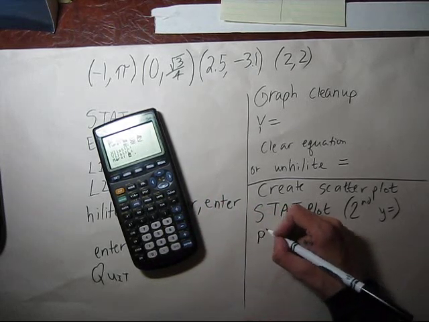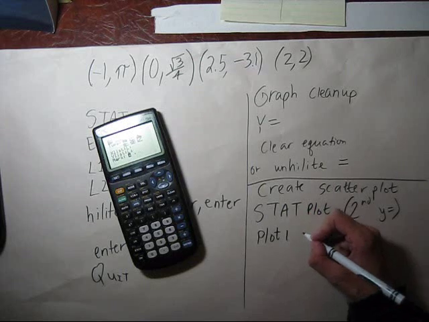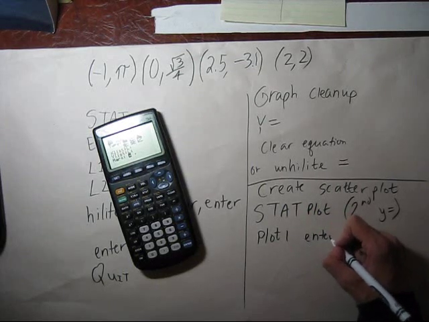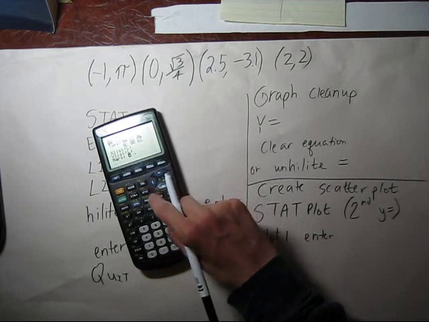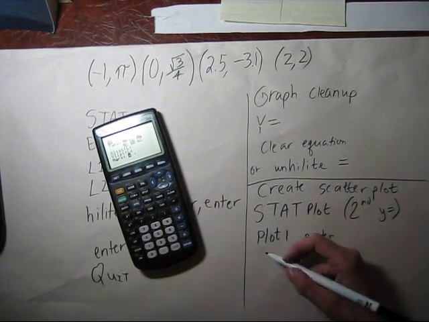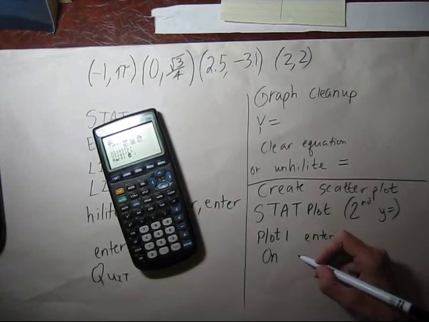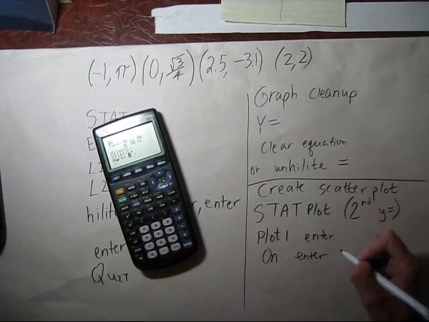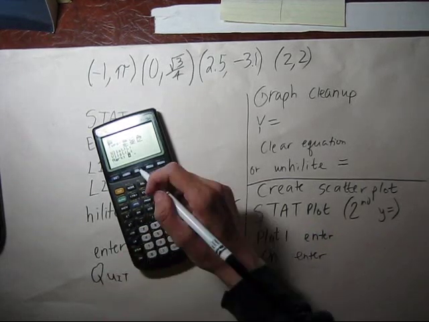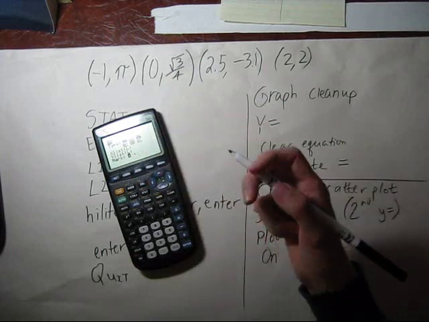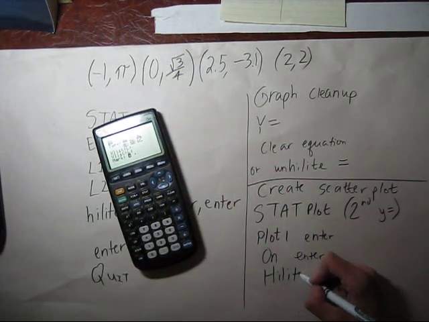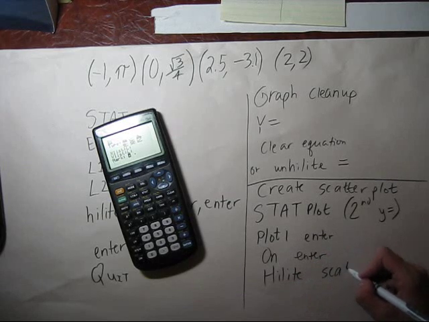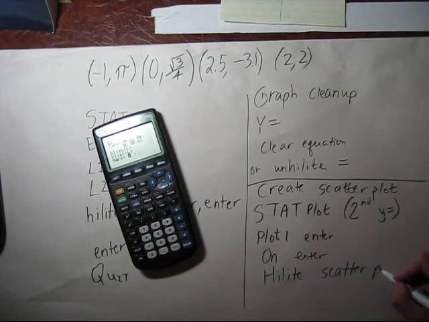So it's plot 1, enter. And there's an on and an off, so we want to highlight the on and hit enter. So on, enter. Okay, type, we want the scatter plot, which is your upper left one or the first one there. So make sure to highlight the scatter plot if it's not there already.